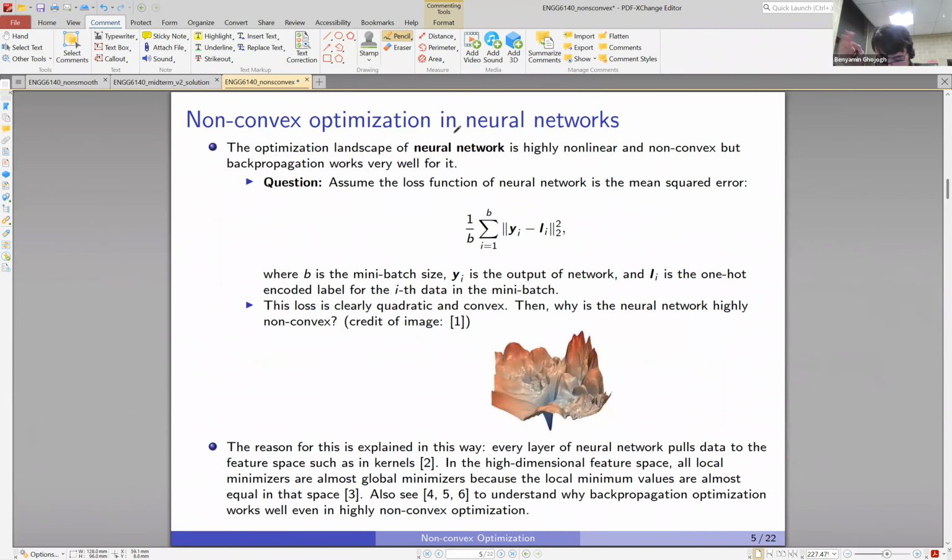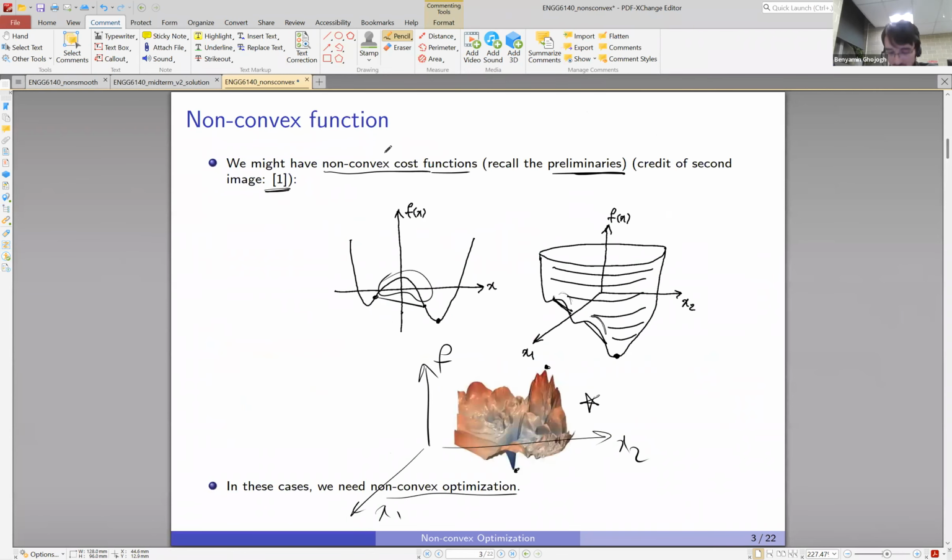First, before saying that, let me talk about this a bit. So the optimization landscape, what do I mean by landscape? I mean, when you have some variables and you have a cost, it's like a landscape with valleys and also mountains.